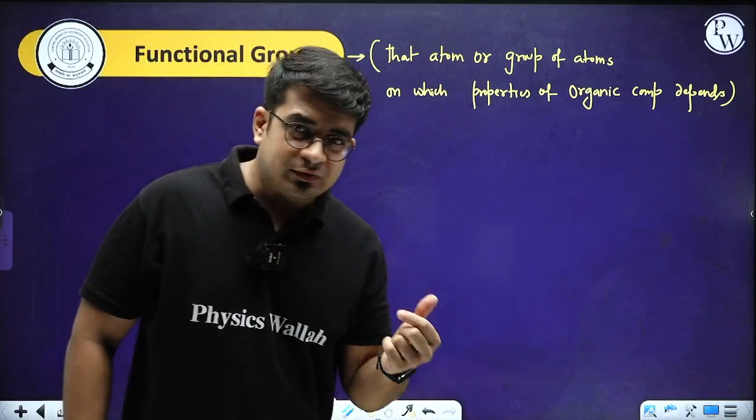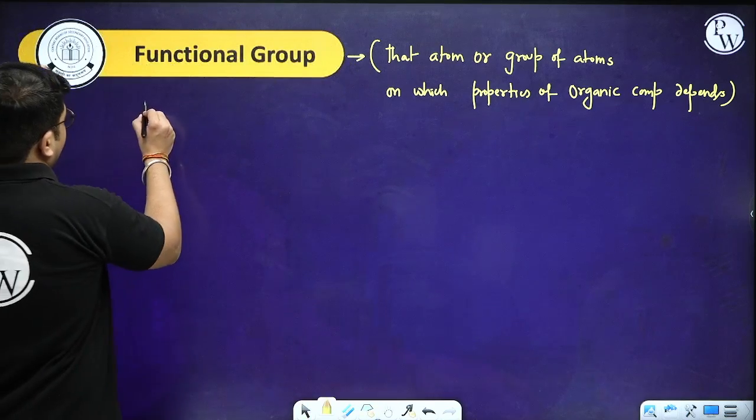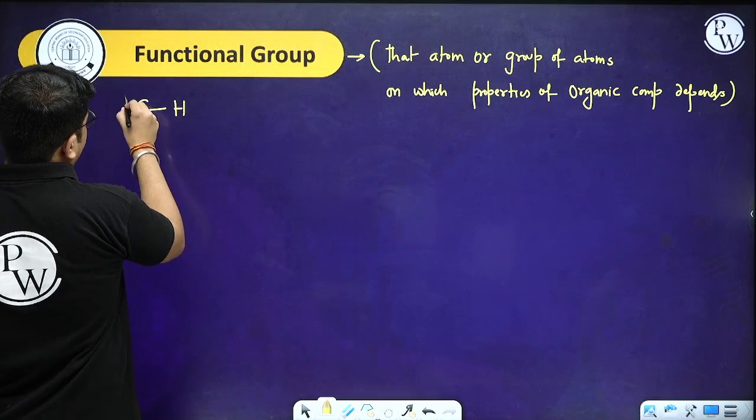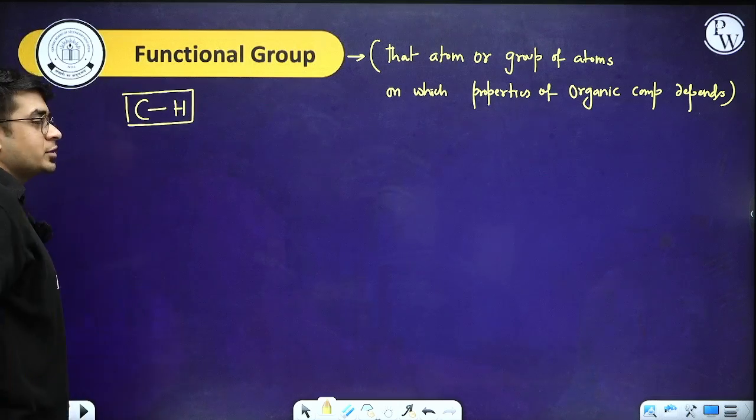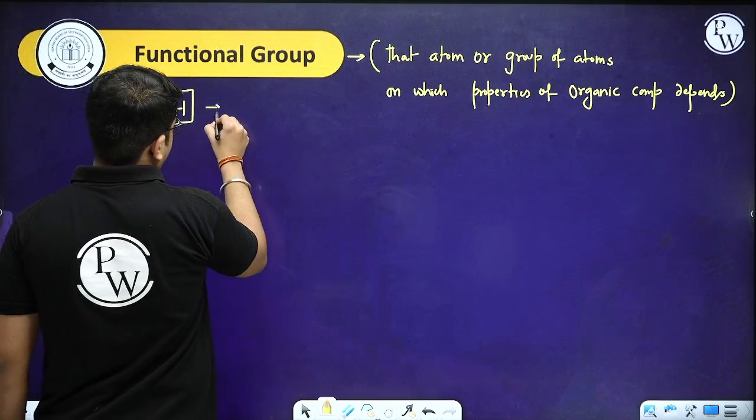So in case of a simple part, you can have carbon with hydrogen. There is no concept of functional group in this particular case. It's a simple hydrocarbon.